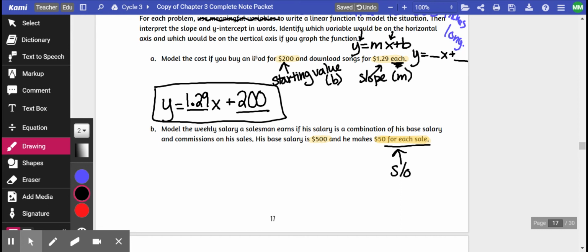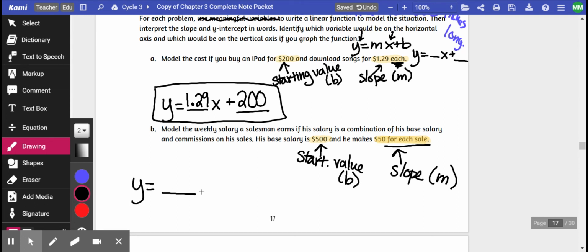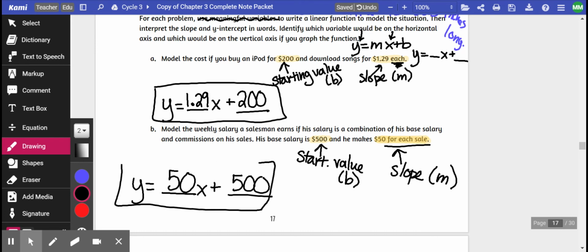So that's telling me it is slope because slope is a rate. And this says his base salary, which means what his salary starts with. So this is our starting value, or b. So when I write my equation, I'm going to have my m, or my slope, go right there as 50, and the b value will be added or subtracted. This is a positive, so it's going to be added.